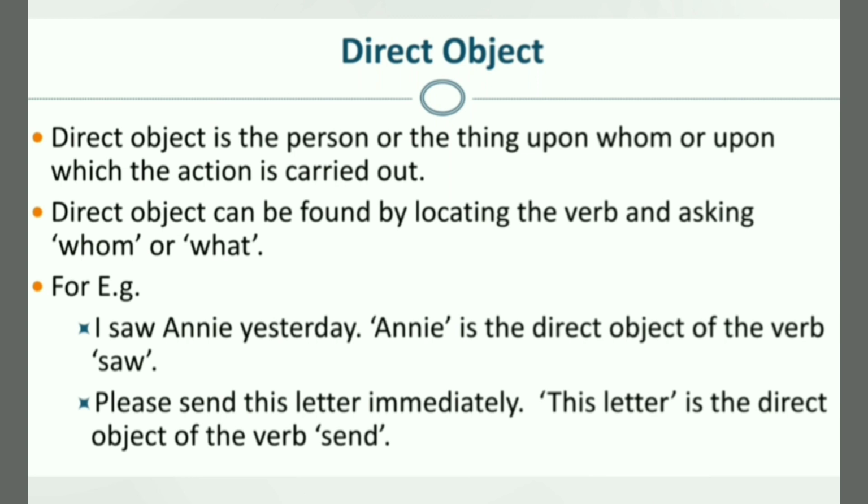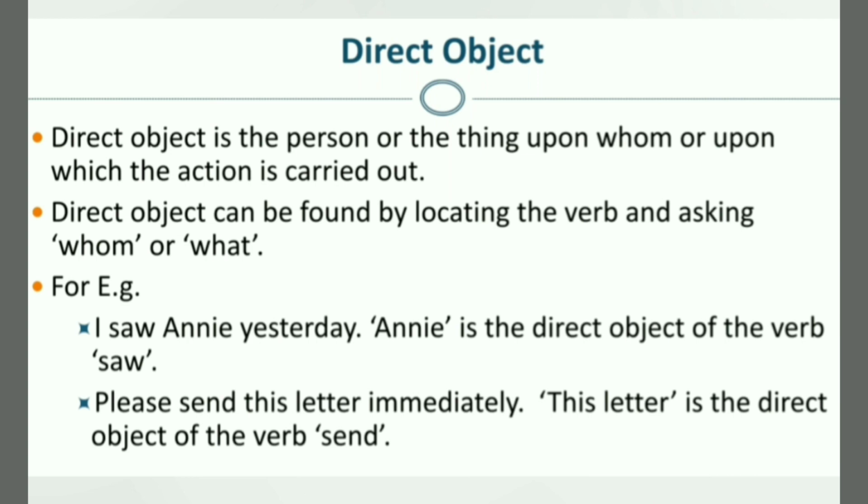Here, the verb is send, and when I ask the question, send what, I get the answer, this letter. Hence, this letter is the direct object of the verb send.